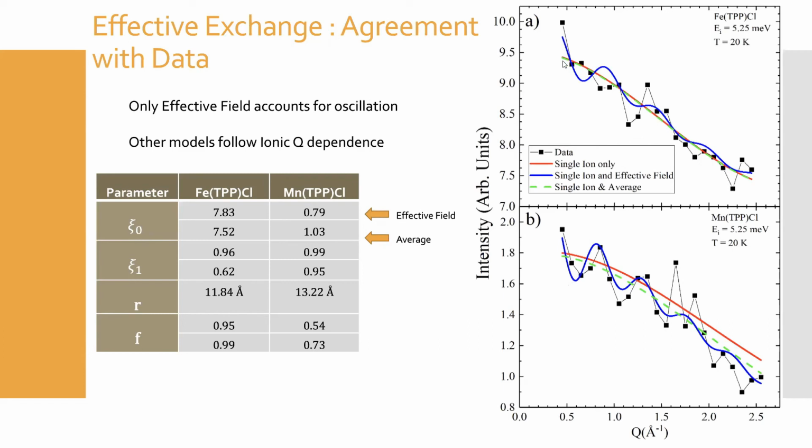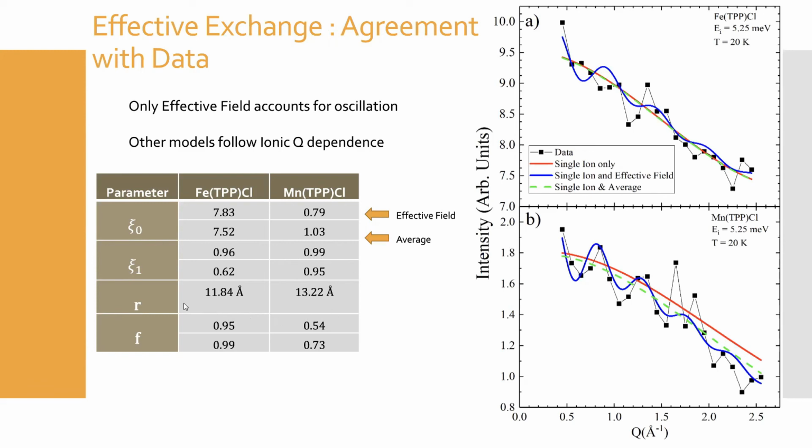And in the iron data, we see that it starts slightly out of phase in the beginning and then captures the oscillations near the end. Whereas with the manganese data, we find that there's a clear agreement and it follows the oscillation in phase and seemingly at the proper amplitude, along with the fact that it gives us nice parameters of our matrix elements coming out to be almost exactly that of a spin 5/2 dimer for iron and a spin 2 dimer for manganese.